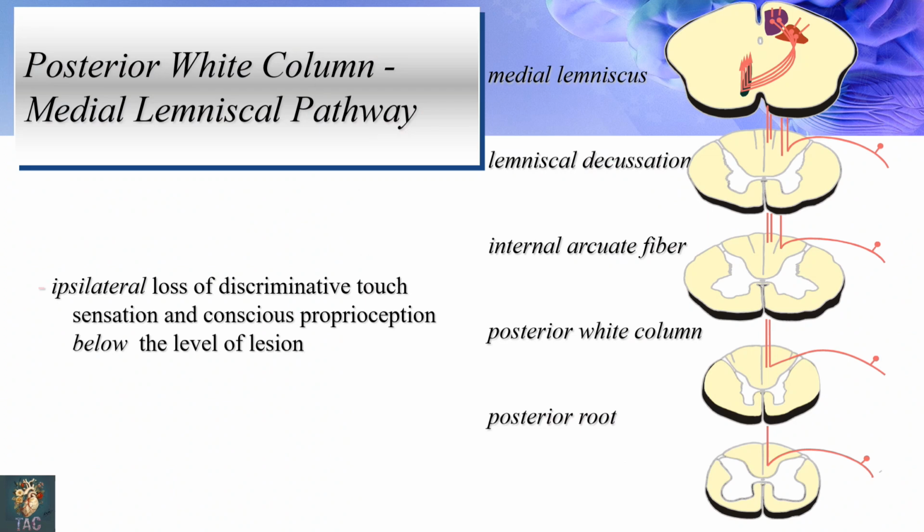So again, another important point to memorize about the posterior column is that it is an ipsilateral pathway in the spinal cord. So there is ipsilateral loss of discriminative touch sensation and conscious proprioception below the level of the lesion. So whenever there is a lesion in the spinal cord, there will be ipsilateral loss of touch sensation and conscious proprioception below that level of the lesion.